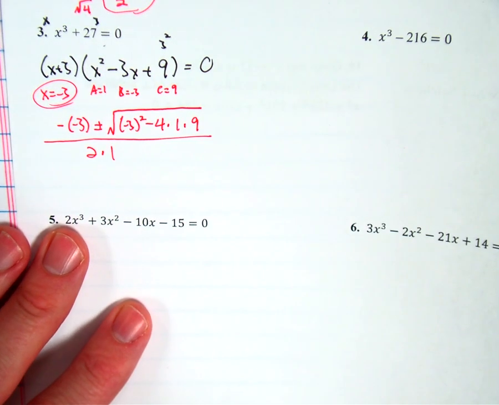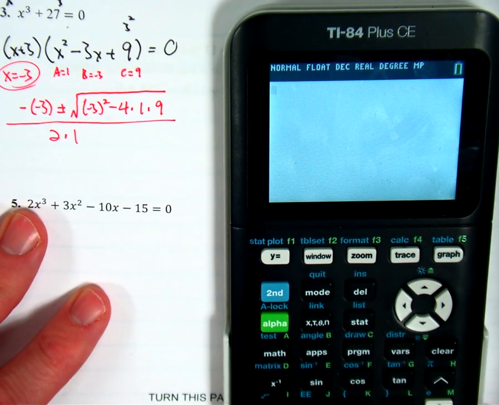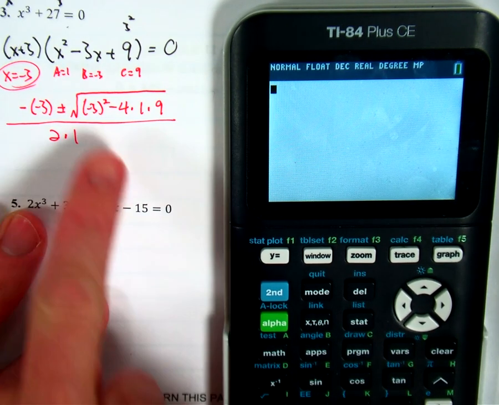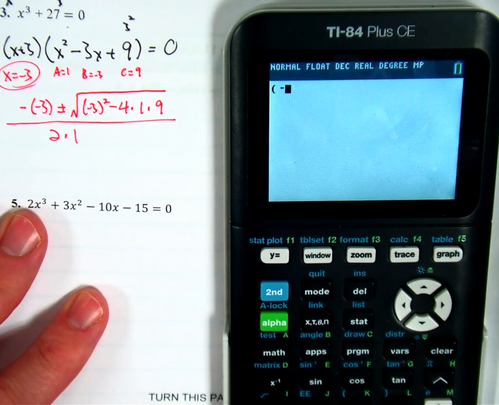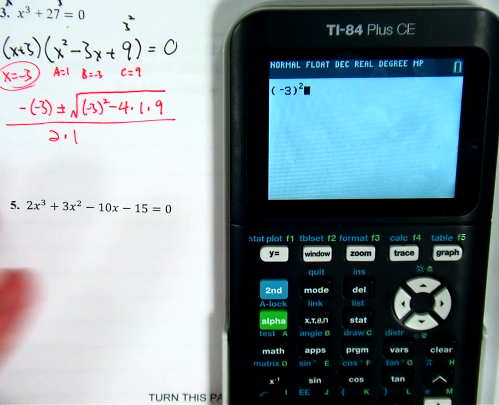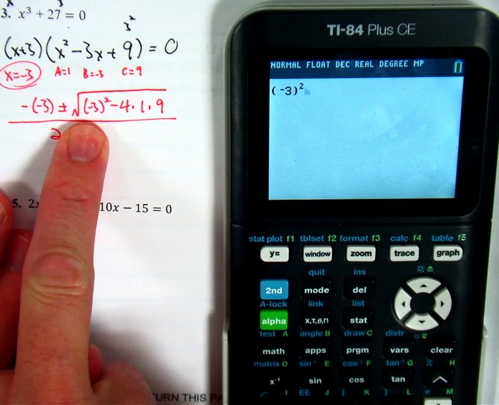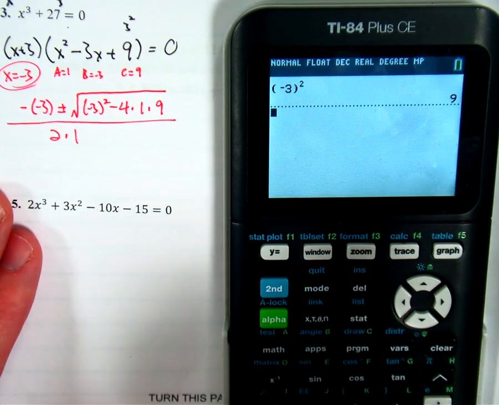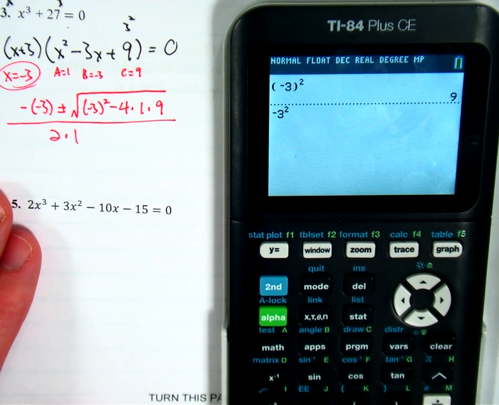If we're going to simplify inside the square root, especially if it's a negative, you want to go parentheses around that -3 squared. Or just use your brain. You know -3 squared is 9. But if you just typed in -3 squared like that, your calculator is going to tell you -9.